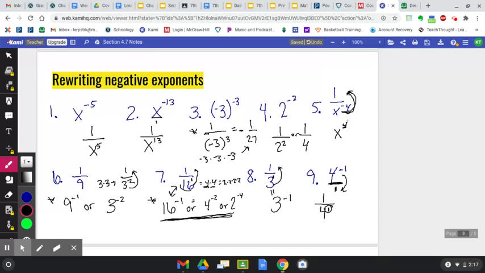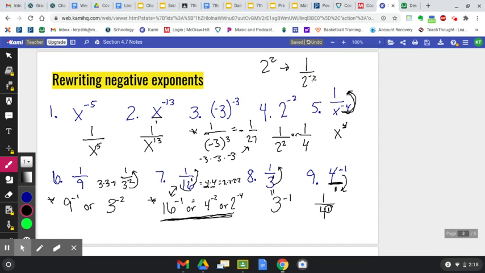Notice it becomes positive. Okay, so what we have to remember with negative exponents, it does not change the sign at all. It does not make this a negative of any sorts. It just moves it between the numerator and the denominator. So meaning if I change levels on a fraction, 2 squared, if I were to want to write that with a negative, I move it to the bottom of the fraction, and there it is.